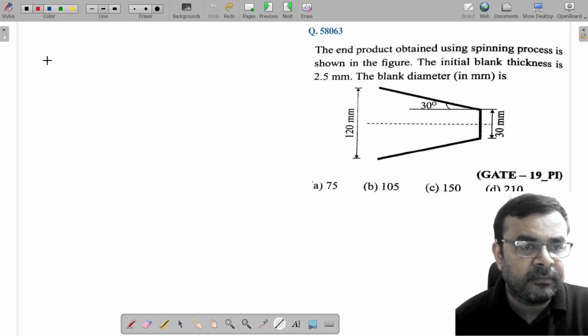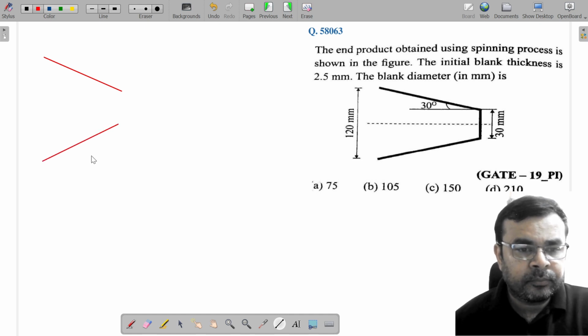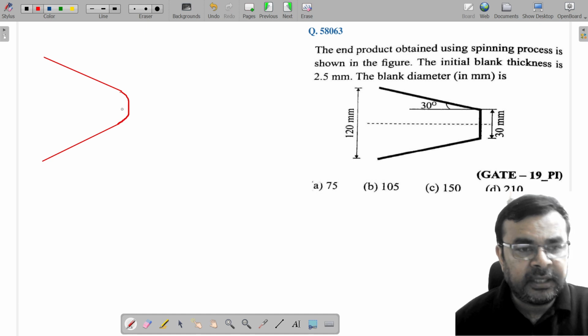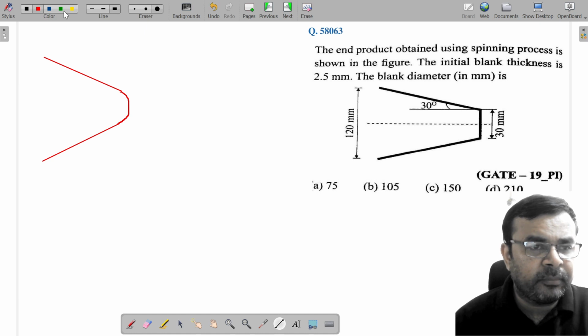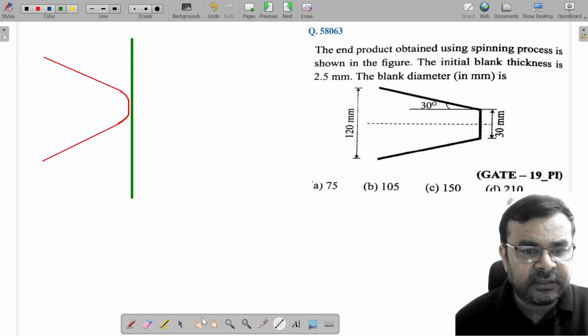This is the mandrel, correct? Like this, and this is a seat from which we hold this object, yes or no? And this is called a blank, and we have a rod.